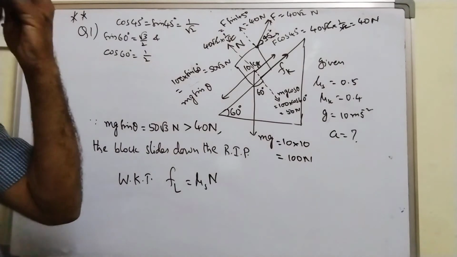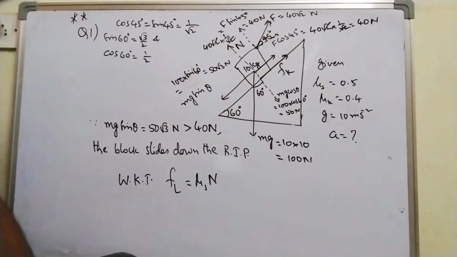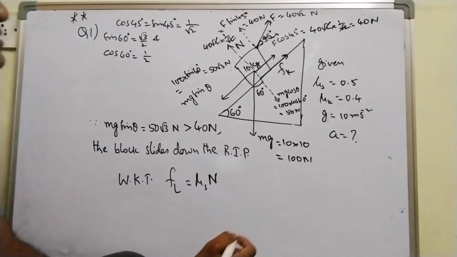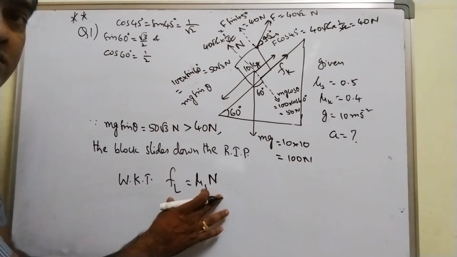Now let us find out mu s into n. FL is equal to mu s into n. This is the formula.